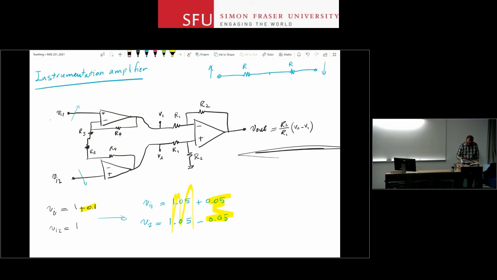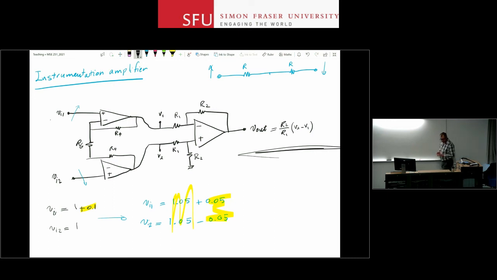And then what happens next is that you have two resistors in series. Why do you need two resistors in series? What you get in a typical differential instrumentation amplifier is a direct connection between the two inputs with just one resistor. So let's just call it RG.